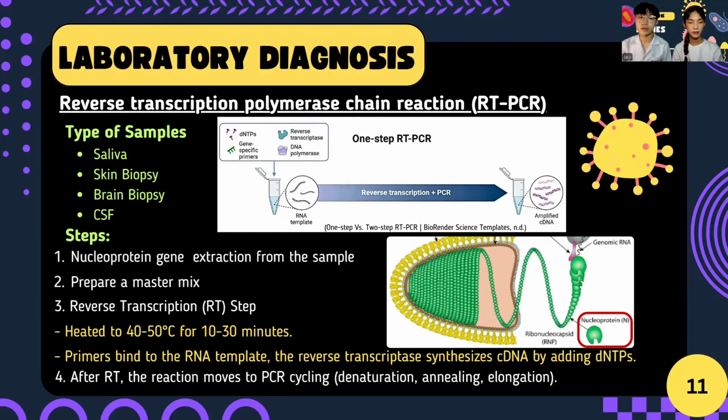The primer binds to the RNA template, and the enzyme called reverse transcriptase synthesizes cDNA by adding the dNTPs. After that the reaction moves to PCR cycling, which consists of denaturation, annealing, and elongation.